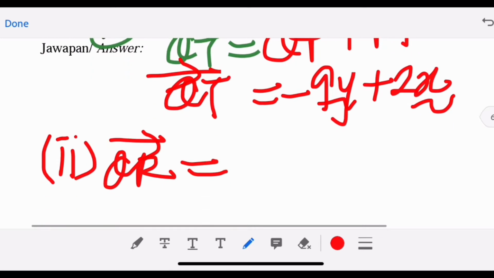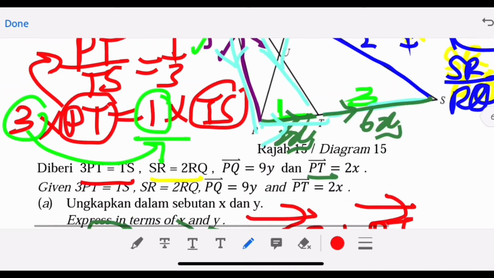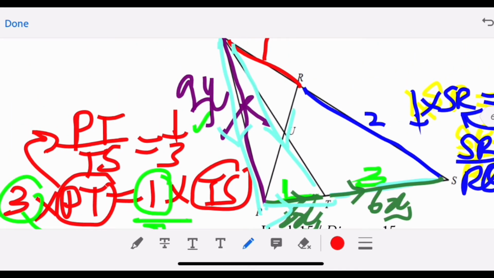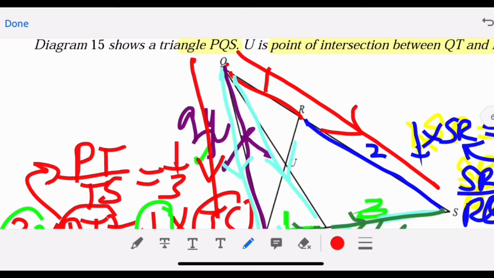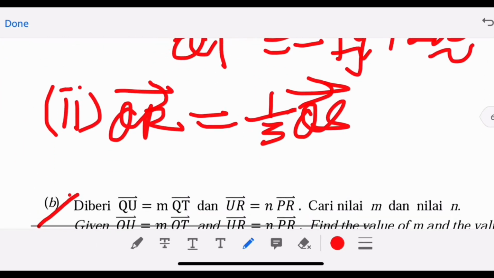And QS is from here to here, negative 9y plus how many x? 8x, right?